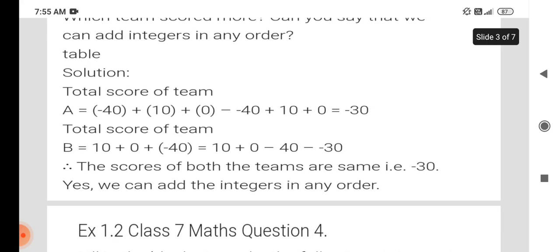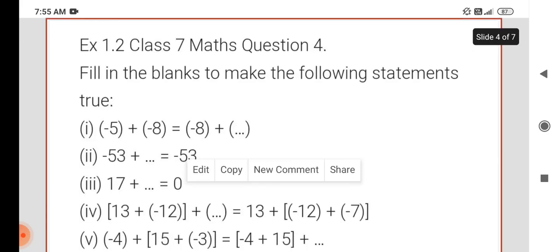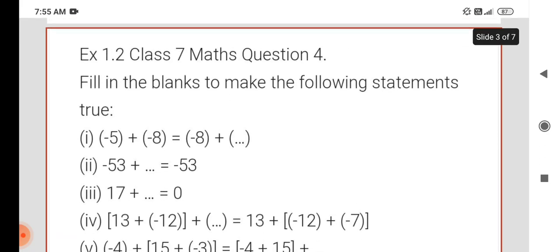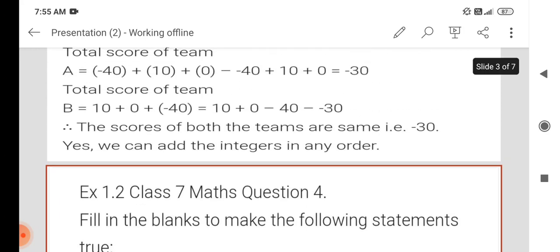And for the total team B score, you add all the given marks, first you write them in integer form, and then you add. Sorry, it's my mistake.